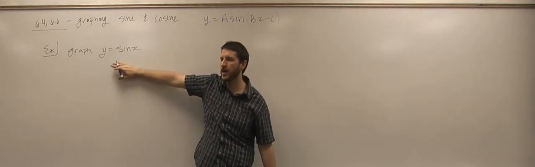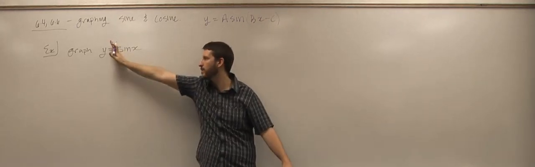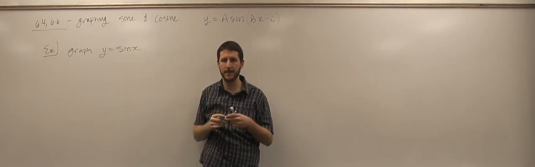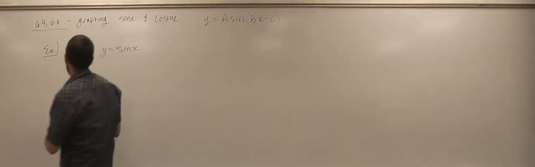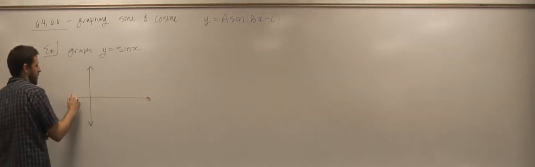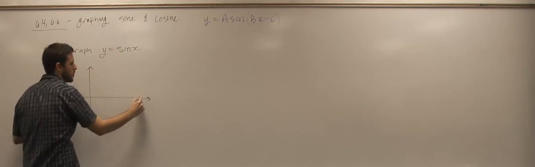But if I just give you y equals sine x with a 1 in front and a 1 in front of the x, how does the graph look? Starts at 0. So what's the period of sine? How far does it go before it repeats? 2 pi. So the period of regular old sine is 2 pi.